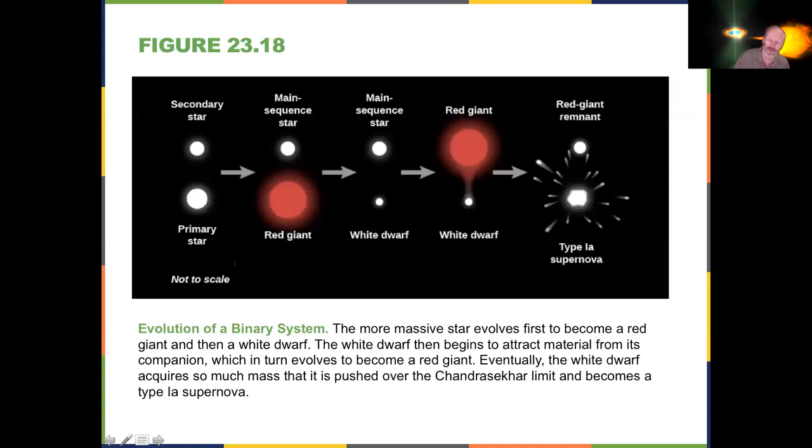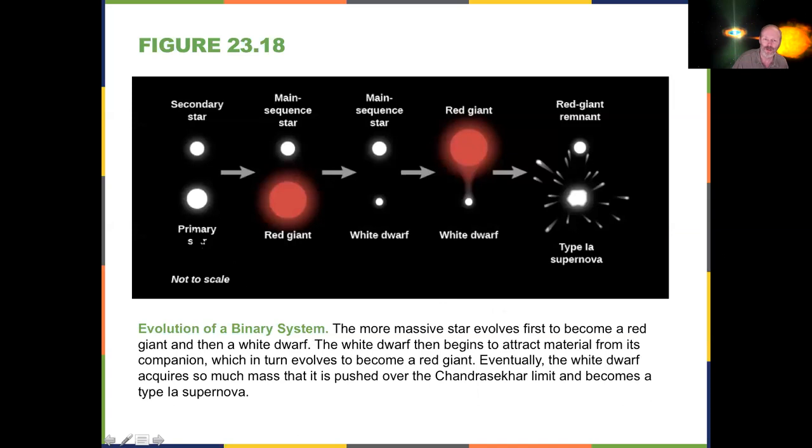But here we can see, again, not to scale, very much so, what might happen if we had different kinds of stellar evolutions in tandem with each other, because most stars out there are actually part of binary or trinary or cluster situations.